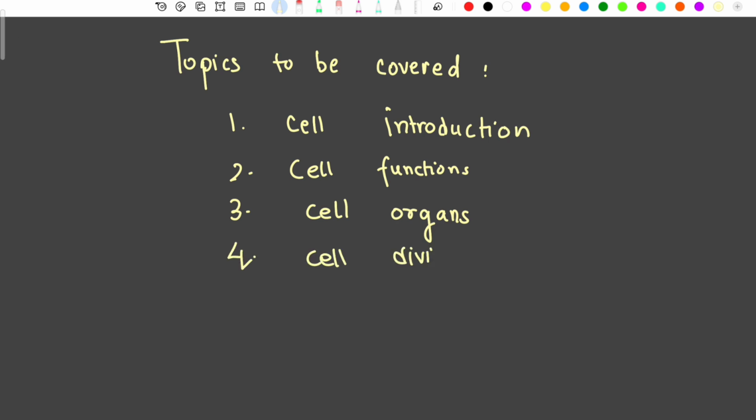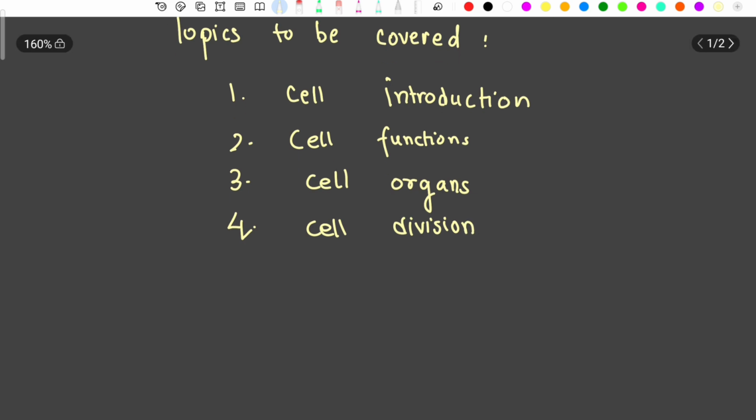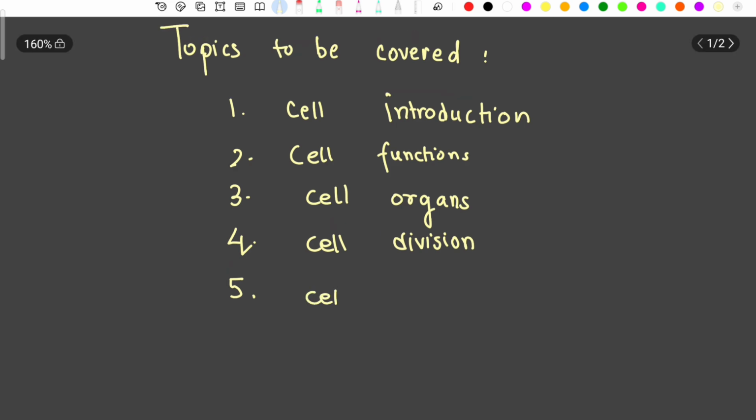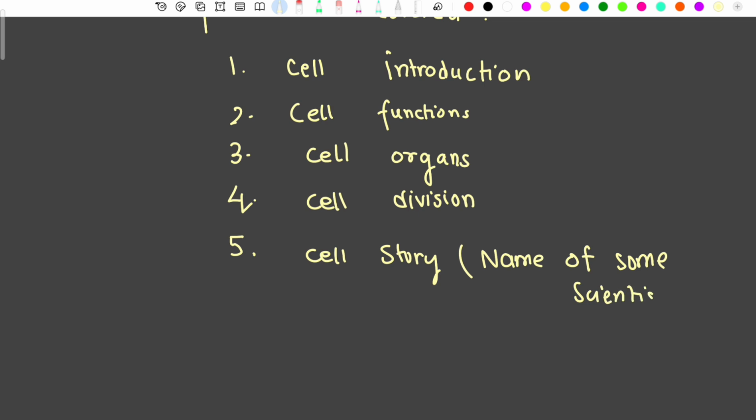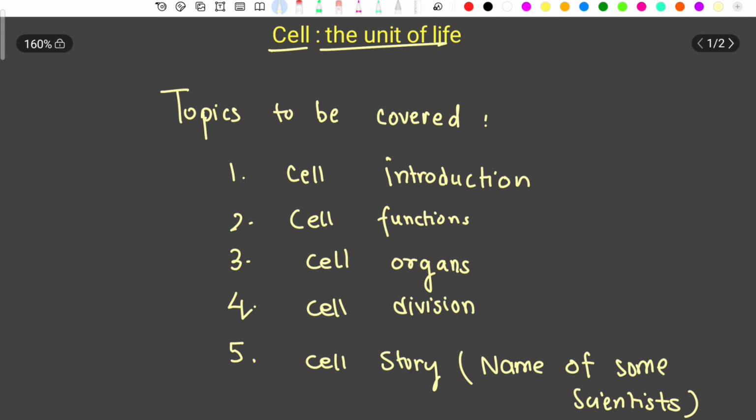Cell divides when it is not properly functioning. There are several reasons for this, and we are going to discuss them. The fifth one is cell story, which is basically the names of scientists who discovered the cell or had a discussion on the cell.